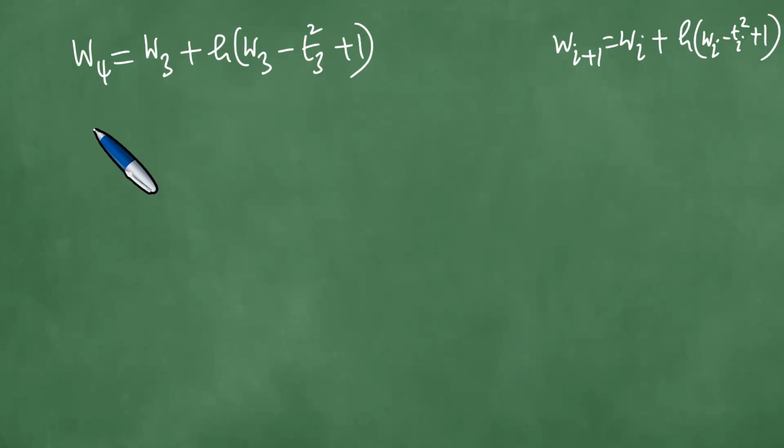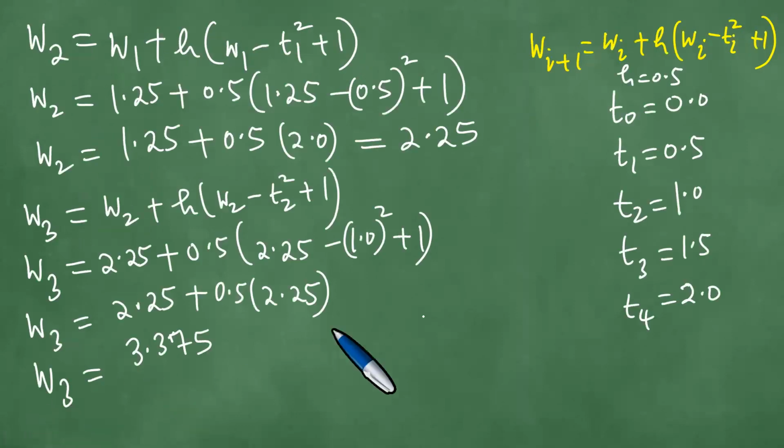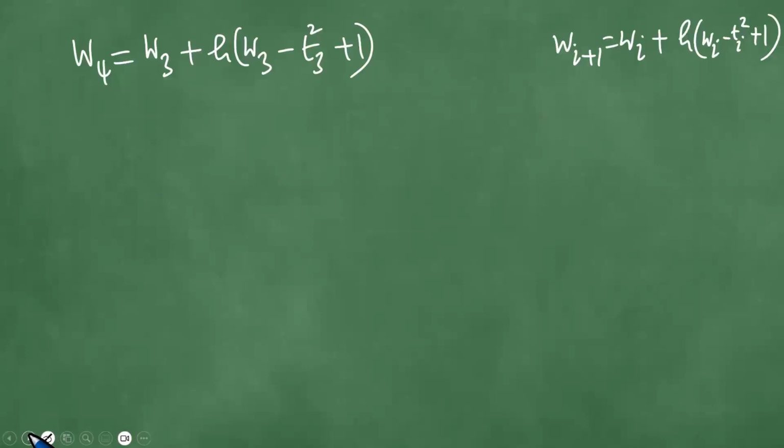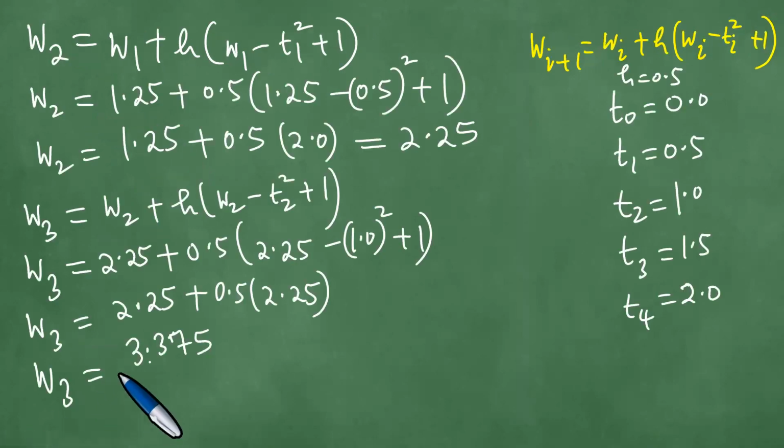Now we understand that we are going to get W3. Let's write this out. So if we get W4, we note that W4 is the same as W3. What is W3? W3 is 3.375.